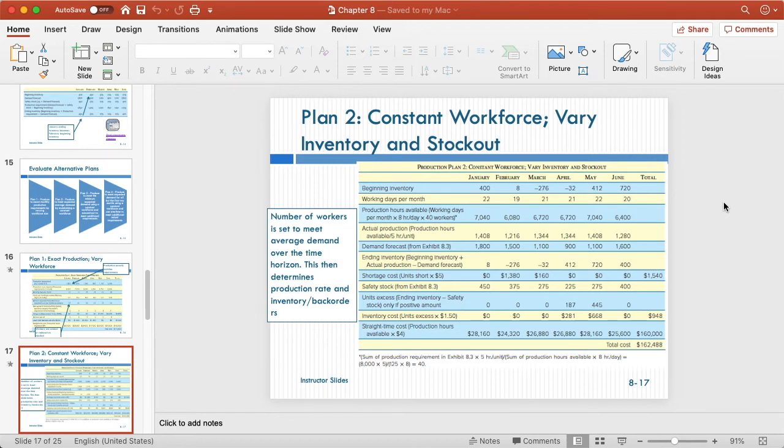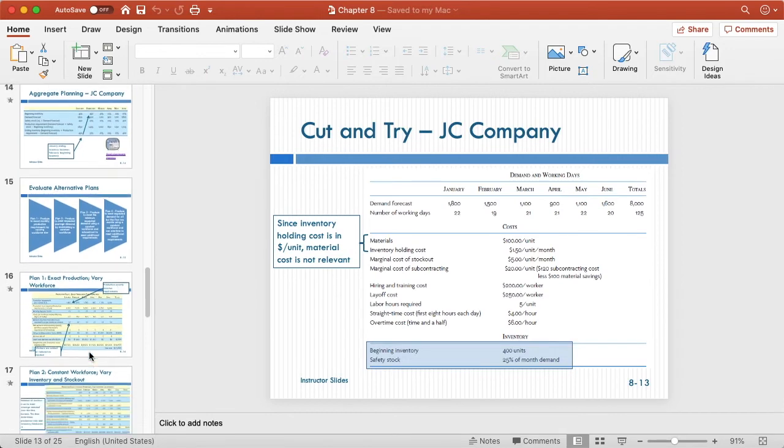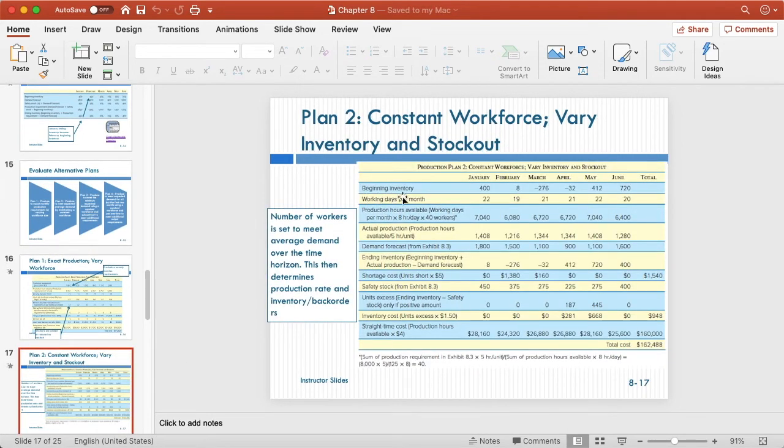Let's look at January. We know that the beginning inventory is 400 in January, right? That's already given here, 400. Still, the working days in January is 22. That's already what we have. But the third thing, what is the production hours available?